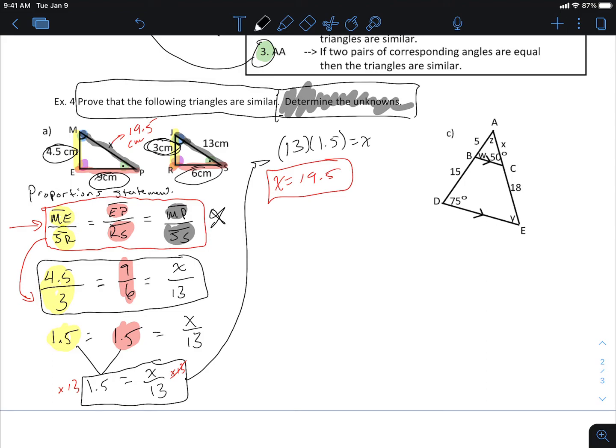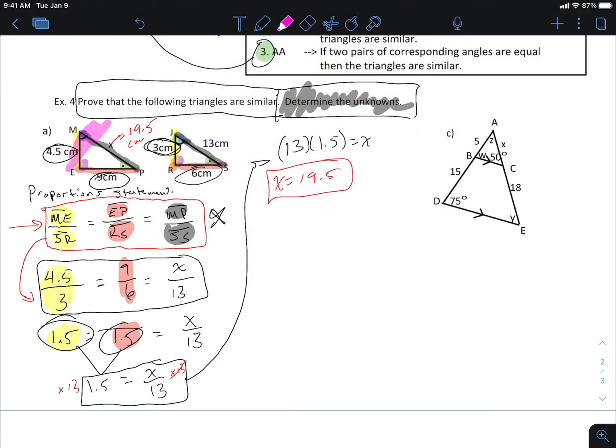I'm writing a series of proportional statements. If you see that these things are changing by the same amount, then you know the two triangles are similar. I'm going to use a different color here.